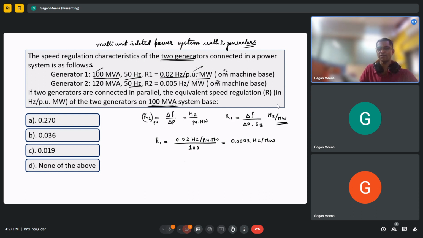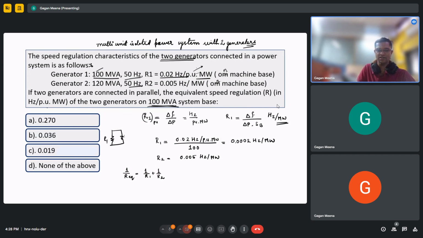So this is the actual value, and R2 in actual value is 0.005 hertz per megawatt. So we know that 1 by Req is equal to 1 by R1 plus 1 by R2, same as what we have if we have resistors or impedances in parallel.